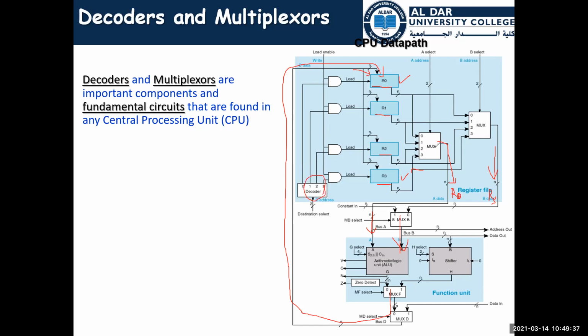So that's why we need a multiplexer, just in selecting which register to be used, and the decoder to enable which input I want to enable. The decoder will decide which enable signal will be used, or which register will be enabled. Okay, this is just a simple example to show you the importance of decoders and multiplexers in the processor or any electronic circuit, in any control circuit, not just a control circuit, it contains CPU and contains memory.